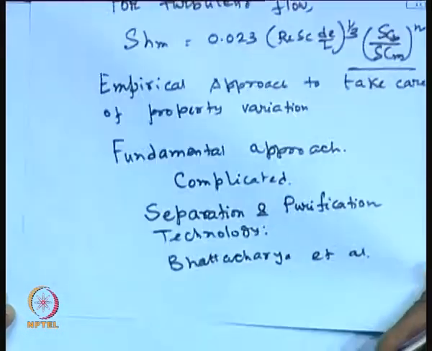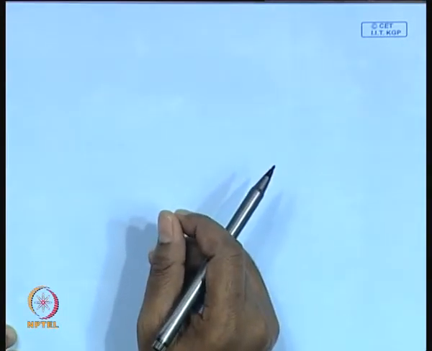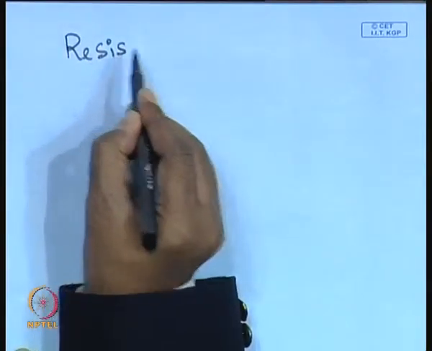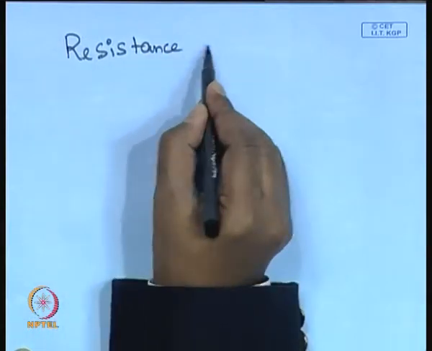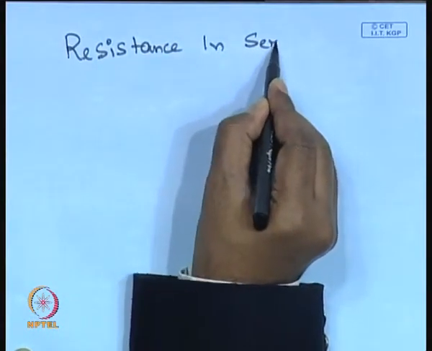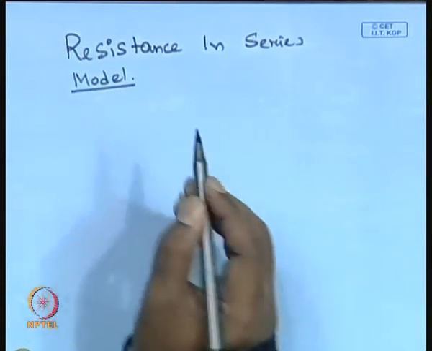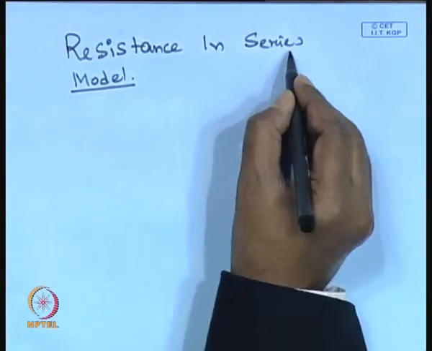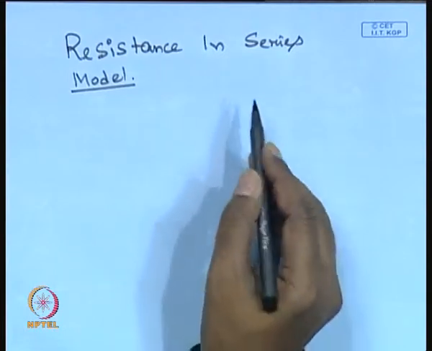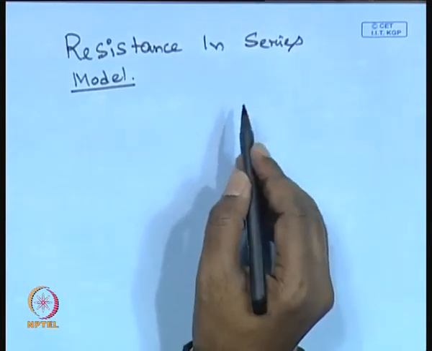Now, we have almost completed all the fundamental models that will be applicable in case of membrane based separation processes. One more model is still there, and that is called the resistance in series model. In this case, it is assumed that all the resistances are in series.